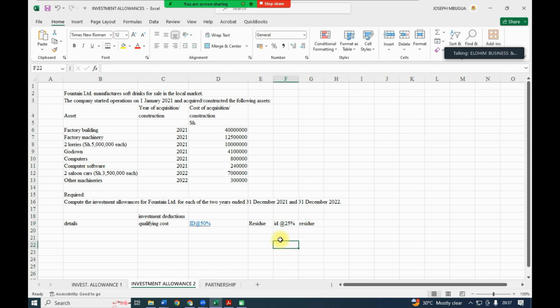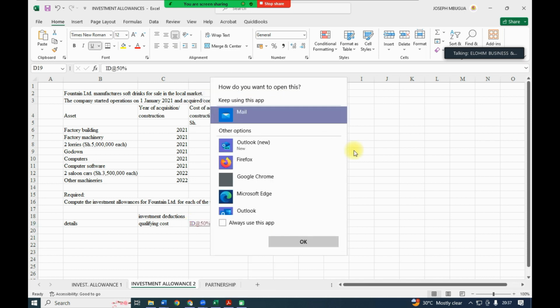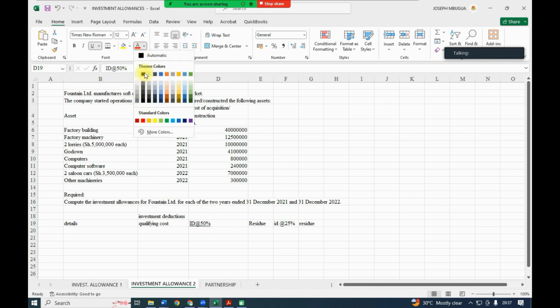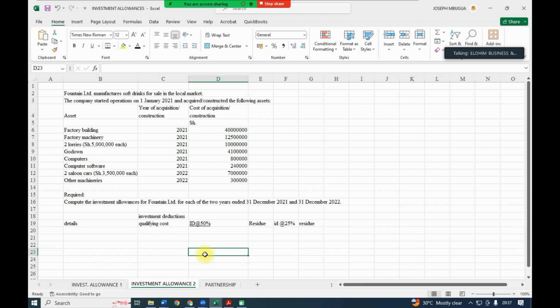So this is a simple schedule that we have. The details, qualifying costs, ID, the residue is a balance. This is for the year 2021, and this one is for the year 2022. Remember, ID, the first year is 50%, second and subsequent year is 25%.